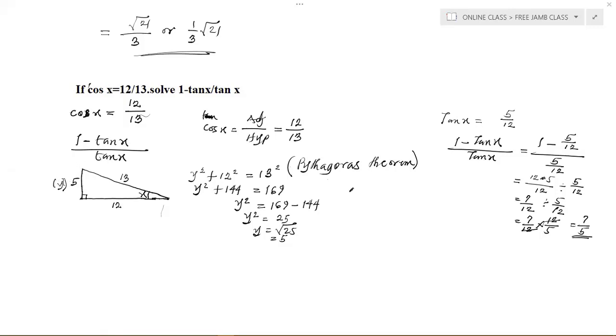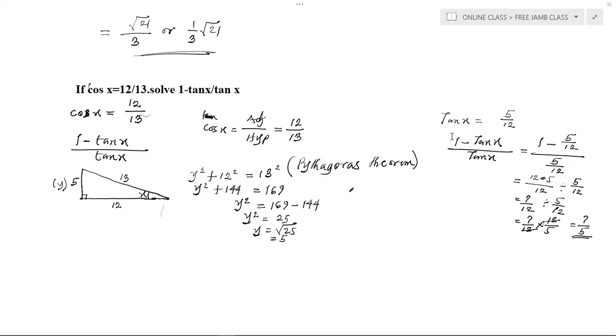To do that, we call it y, and y squared plus adjacent squared equals hypotenuse 13 squared, Pythagoras theorem. So we have y squared plus 144 equals 169, and y equals 5. So tan x is opposite, which is 5, over adjacent, which is 12.